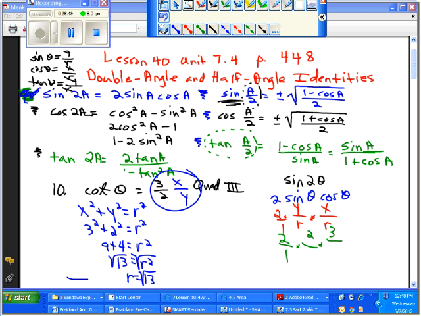So my radius is square root 13, which is going to go here and here. So we're going to get 2 times 2 is 4, times 3 is 12 on top. Square root 13 times square root 13 is 13, the radicand.